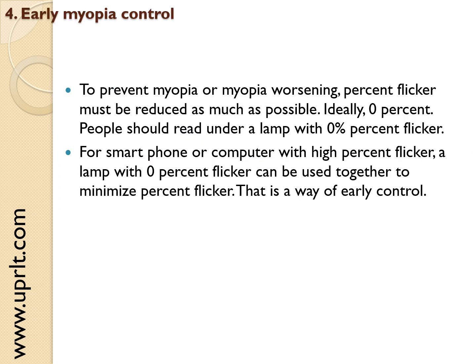To prevent myopia or myopia worsening, percent flicker must be reduced as much as possible, ideally 0%. People should read under a lamp with 0% flicker. For a smartphone or computer with high percent flicker, a lamp with 0% flicker can be used together to minimize percent flicker. That is a way of early control.